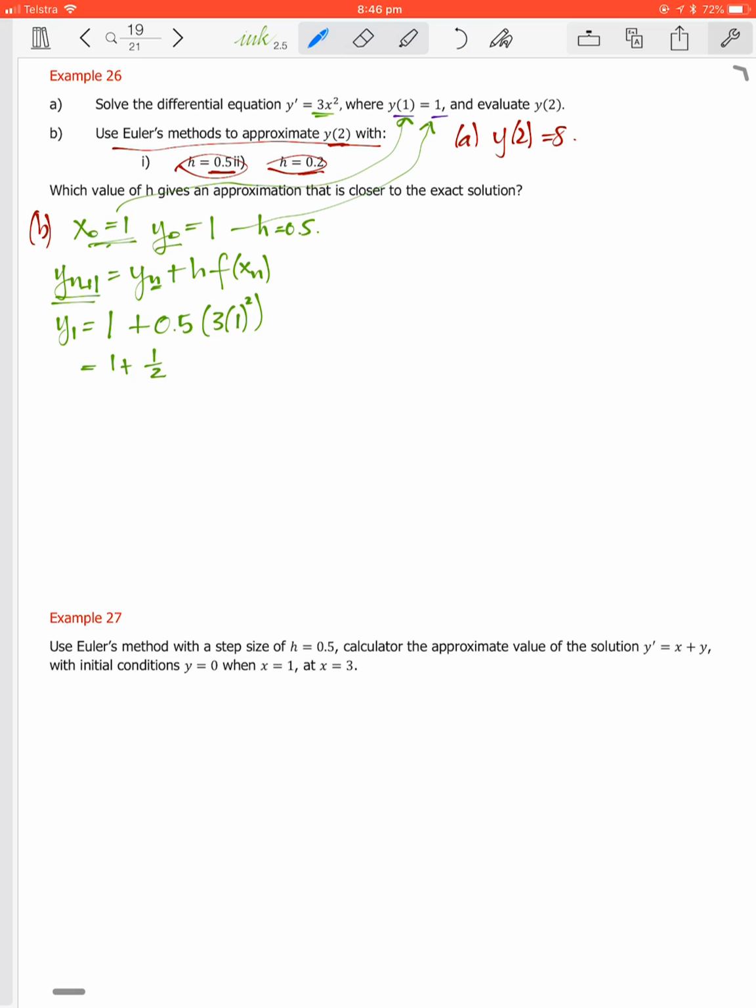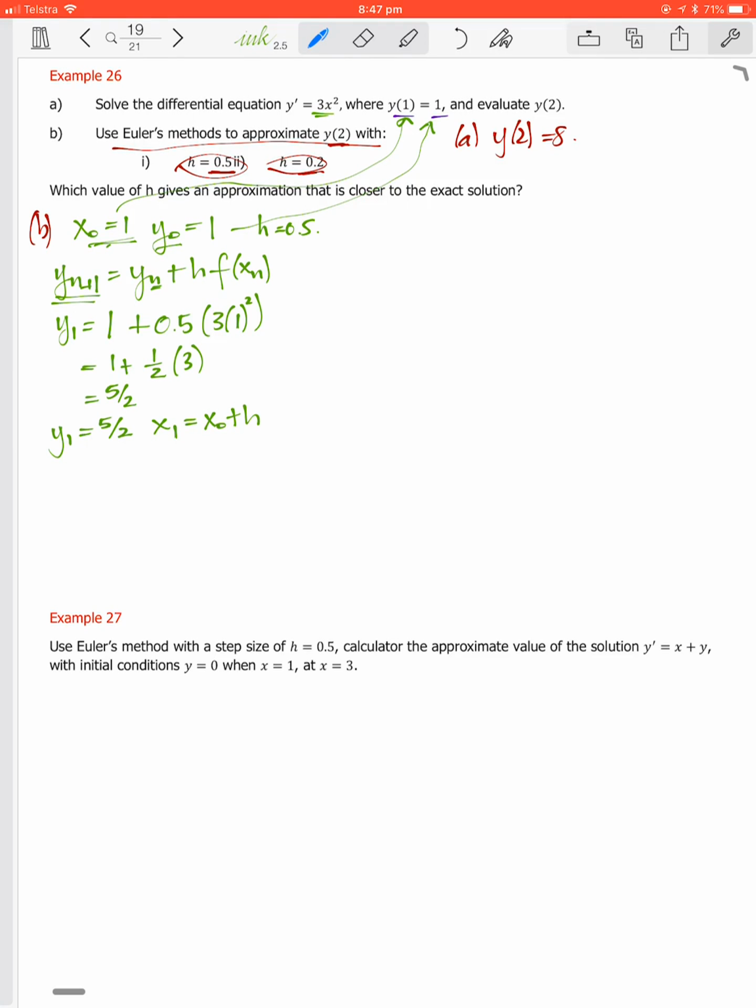If I add them together, I get 5 on 2. So we can say y1 is equal to 5 on 2. And we can say x1 is x0 plus h. We know that x0 is 1, and we know that h is 1/2. So 1 plus 1/2, so x1 is 3 on 2.